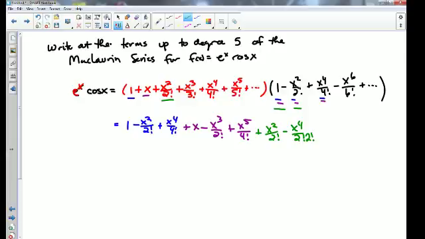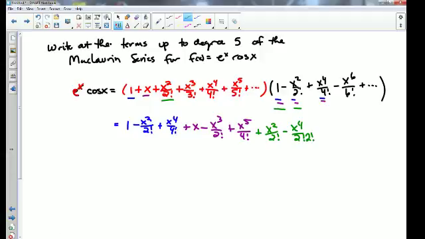So you have x squared over 2 factorial times x squared over 2 factorial, right? X to the 4th over, I can write it however you want. But I don't need to do this one, because squared times the 4th is going to be x to the 6th, which is not degree 5, okay? The degree is determined by the exponent, right?